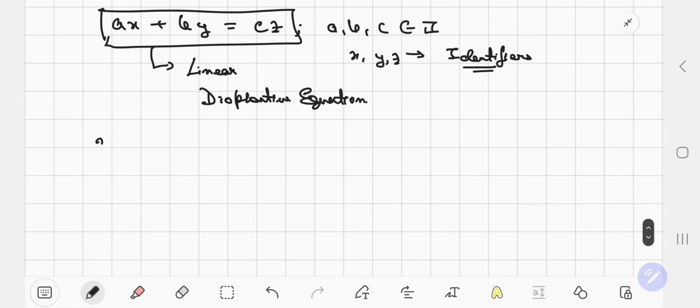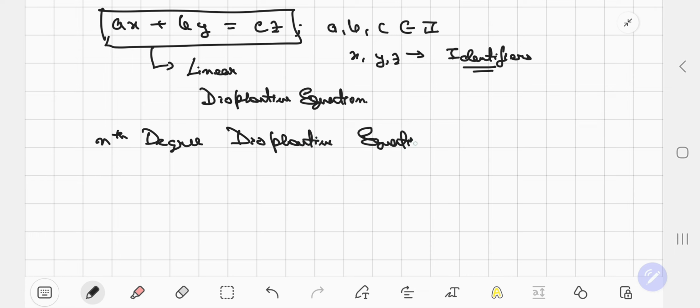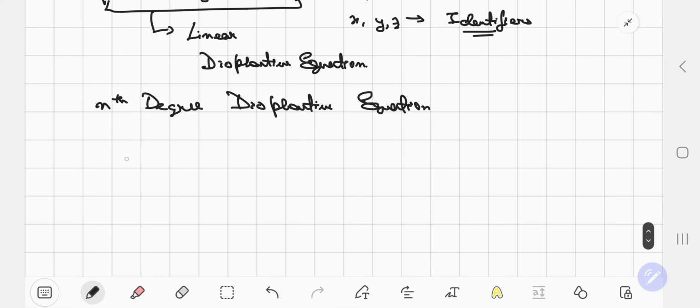Moreover, we can also sometimes define what's called an nth degree Diophantine equation, which we often define as a x to the power n plus b y to the power n equals c z to the power n.